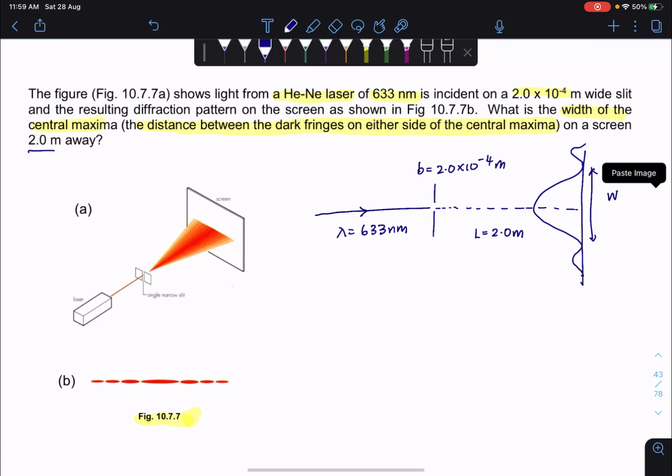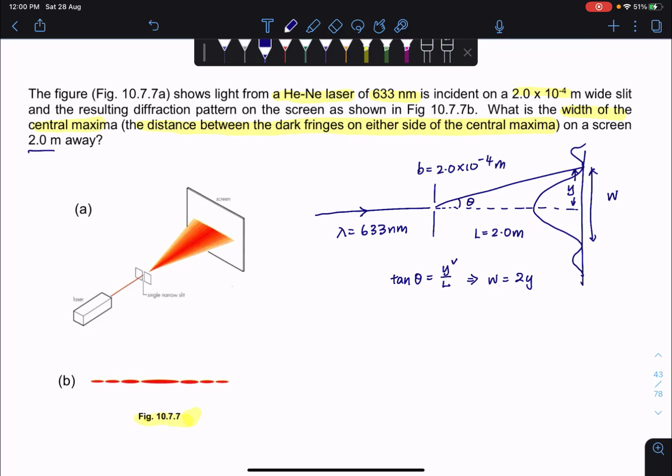So before I jump in to do the question, the first thing I want to do is analyze this particular question and think of how we can actually do it. What we can do is, if we are able to find this theta, the angular displacement of the first minimum, then we will be able to determine this value of y, and we will know that tangent theta equals y over L, and hence from there we can determine the value of y, and y itself is related to the width, where width is actually equal to 2y.